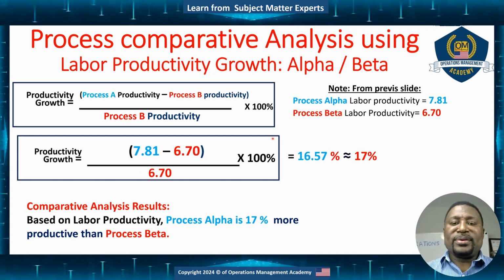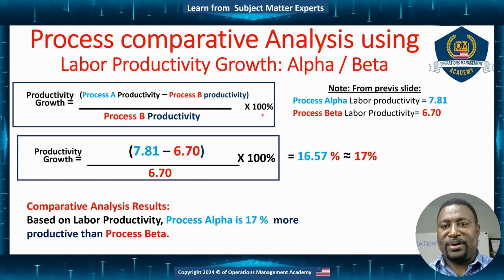So we now want to know by how much alpha outperforms beta in terms of labor, and by how much beta outperforms alpha in terms of multi-factor productivity. So we're going to use something called the productivity growth formula to compare these processes: productivity of alpha minus productivity of beta, divided by productivity of beta.